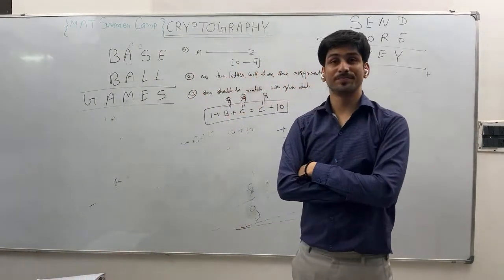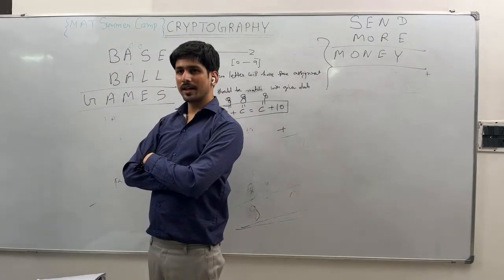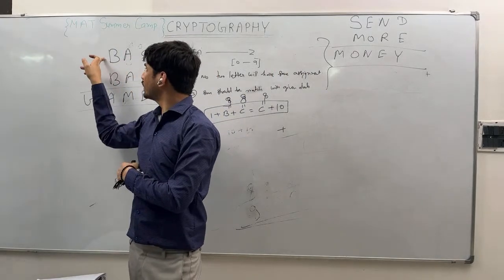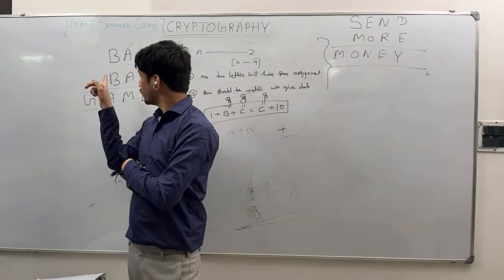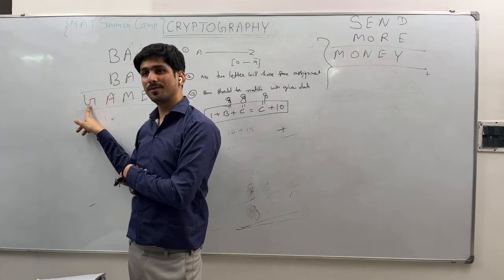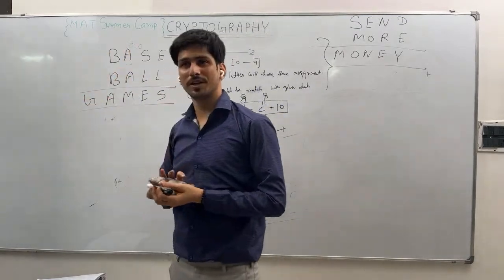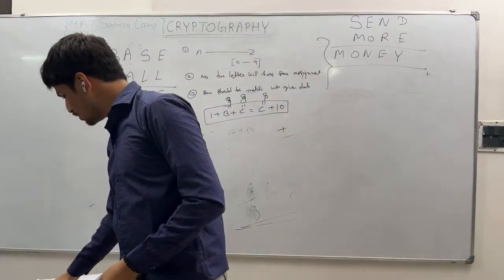How can G be 2? Tell me. You see, B, what is the maximum value of B? 9. 9 plus 9. So what will come here? 1. Even if you take the maximum, it will be 1. So G will be 1. Very good. G, we have got 1.